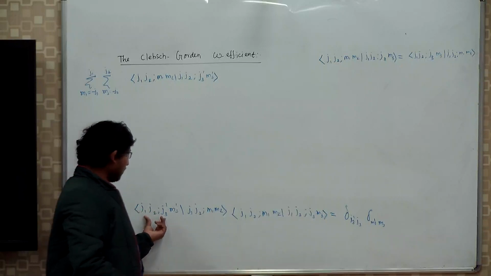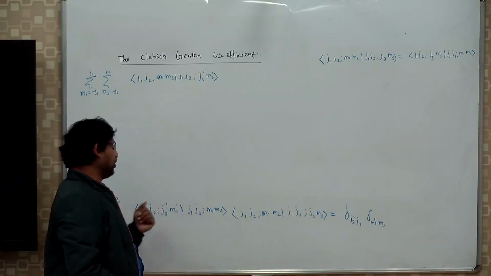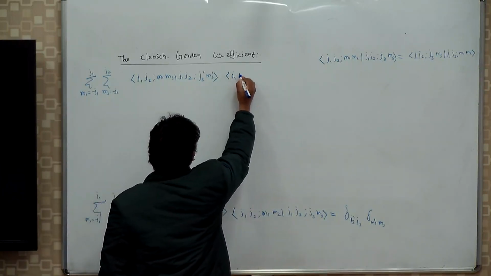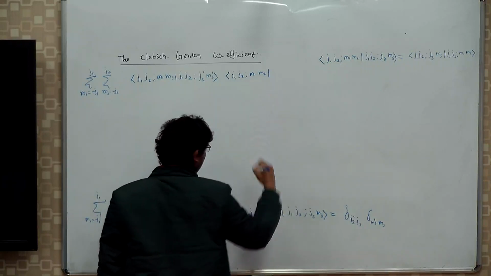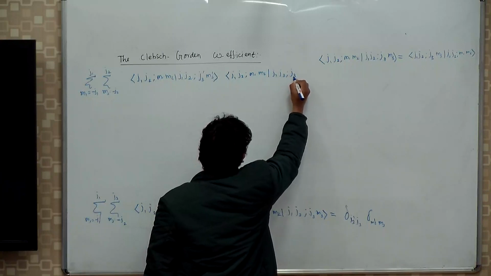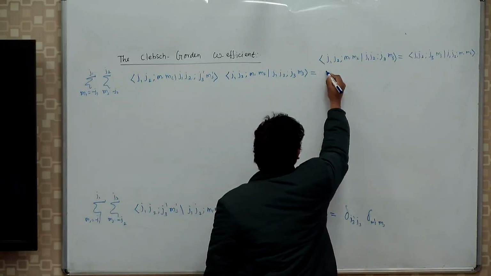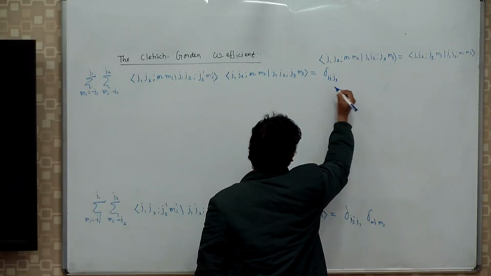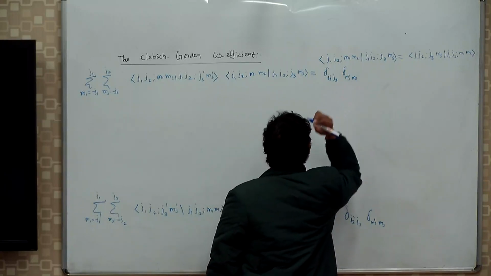So that means the bracket is interchanged. Then this term J1 J2 M1 M2, here J1 J2 J3 M3 is nothing but delta J3 dash J3, delta M3 dash M3. Fine.